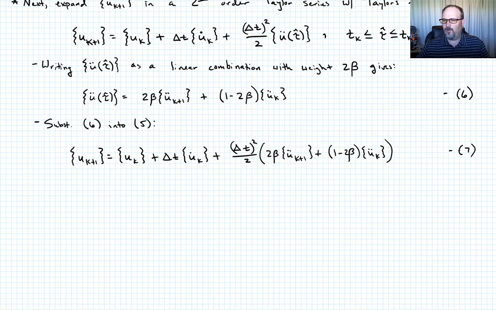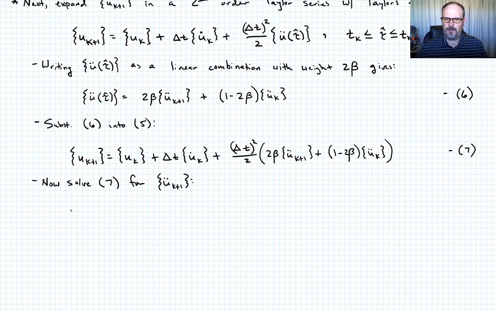So now what we're going to do is solve equation 7 for u double dot k plus 1. And when we do that, this is just an algebraic exercise.